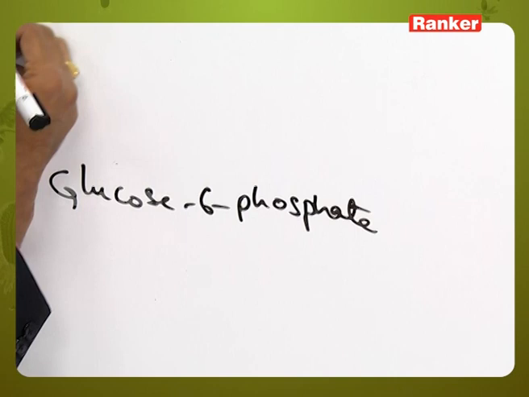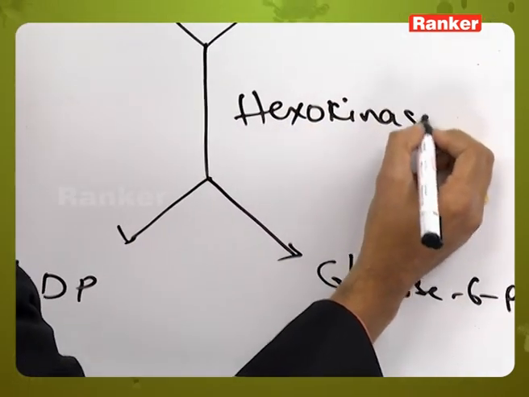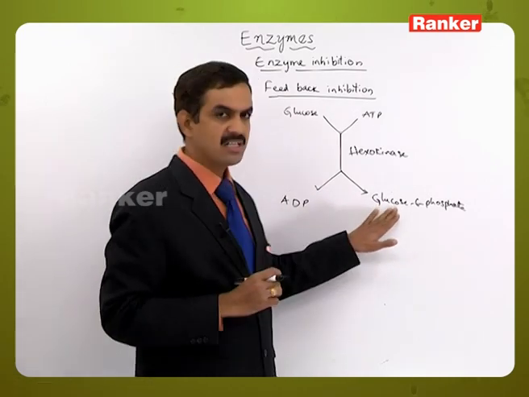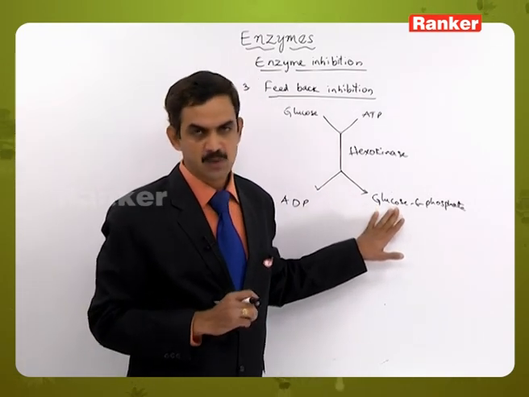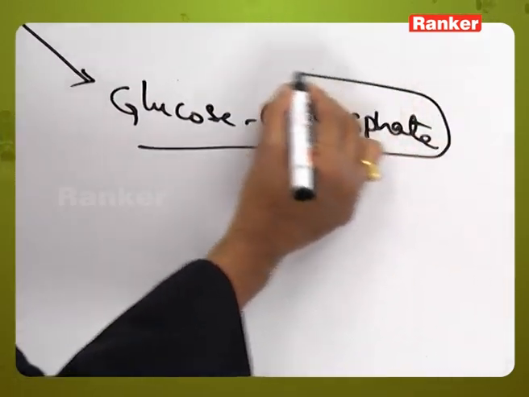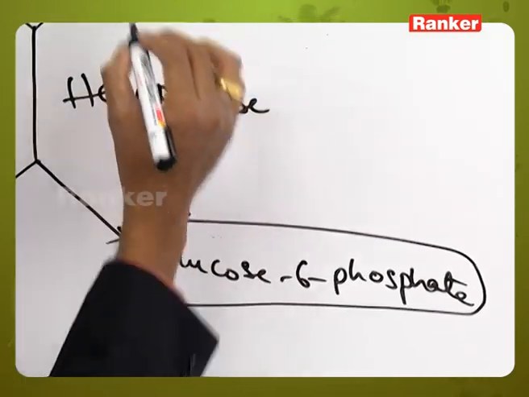This reaction is catalyzed by an enzyme called hexokinase. This is one of the reactions related to the glycolysis of respiration, where the accumulation of this glucose 6-phosphate will show an effect on the hexokinase enzyme.